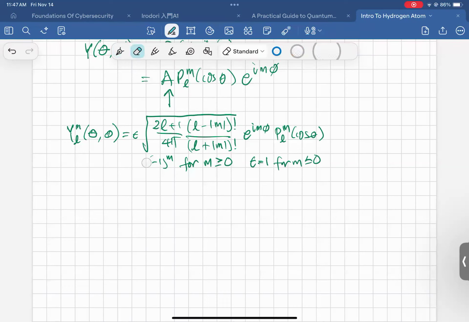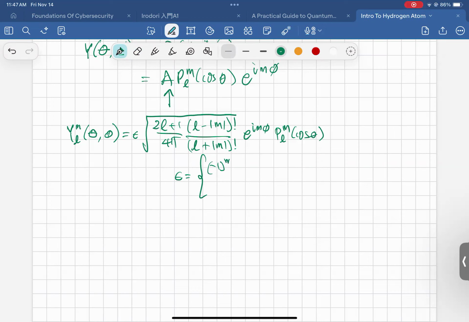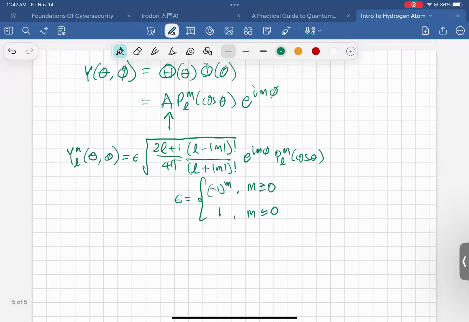Okay, so gawin natin mas compact yun. So yung epsilon ay equal to -1 raised to the m for m greater than or equal to 0 and 1 for m less than or equal to 0. Okay.